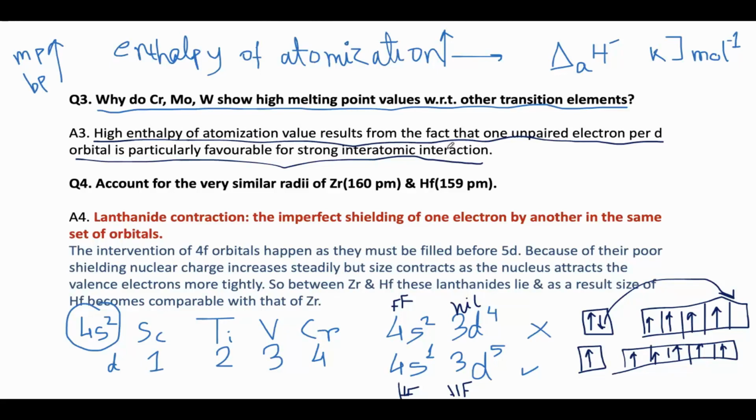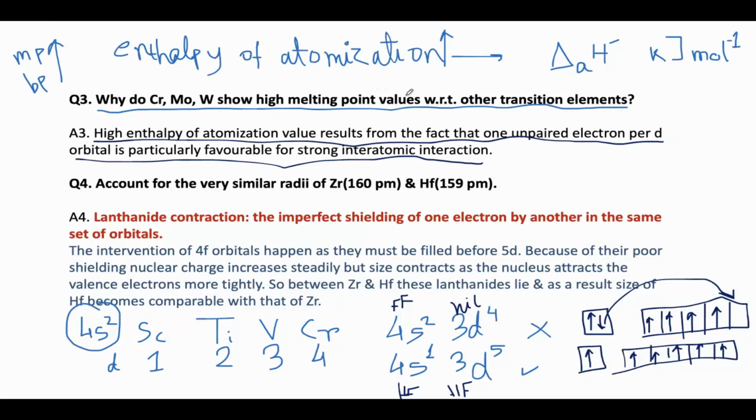The more the interatomic interaction, the more the enthalpy of atomization, because then the amount of energy required to atomize the element will be high, as there is a very strong bond or interatomic interaction between the atoms. And if the enthalpy of atomization is high, automatically the melting points or boiling points of the elements will be high. So that's how, by going to the back references, you can answer such questions.